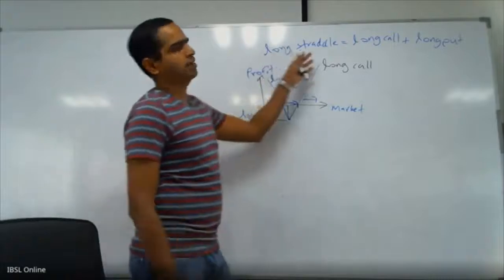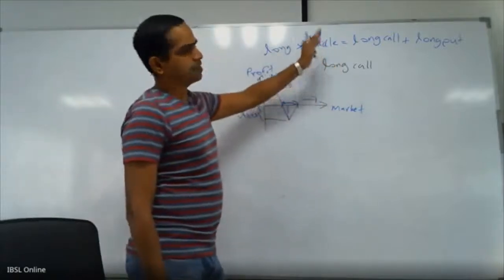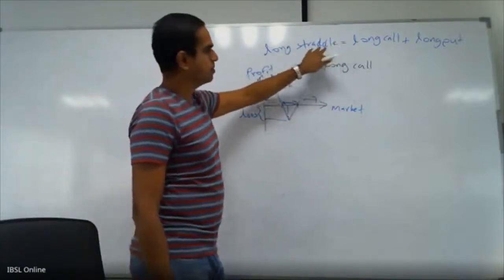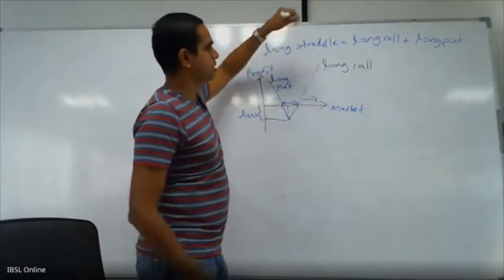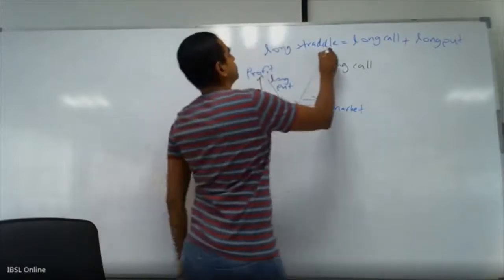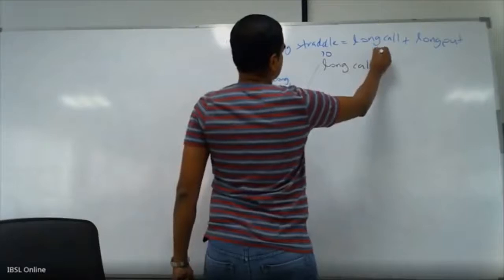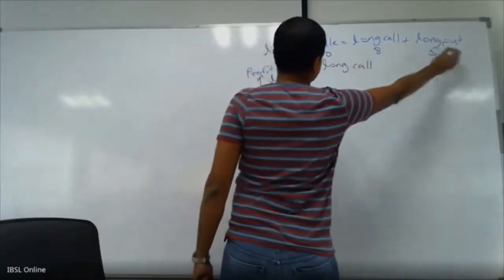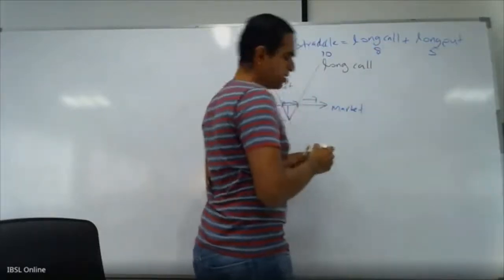Now, when you have something like this, the next thing you need to look at is probably arbitrage. Right? There might be arbitrage opportunities if the straddle, for example, is priced at 10. Long call is priced at 8. Long put priced at 5. What would be your arbitrage strategy?